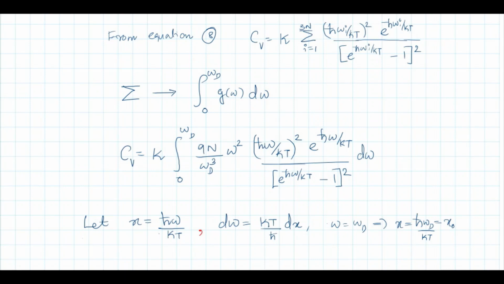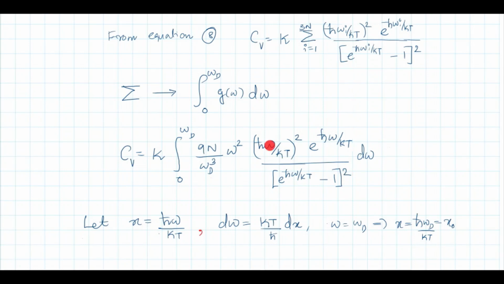Now, we can replace this summation with integration by including the density of states. So this summation becomes integral 0 to omega D, g of omega d omega, which is nothing but 9n by omega D cubed into omega square d omega. And these quantities are (h cut omega by kT) whole square e raised to h cut omega by kT divided by (e raised to h cut omega by kT minus 1) the whole square.